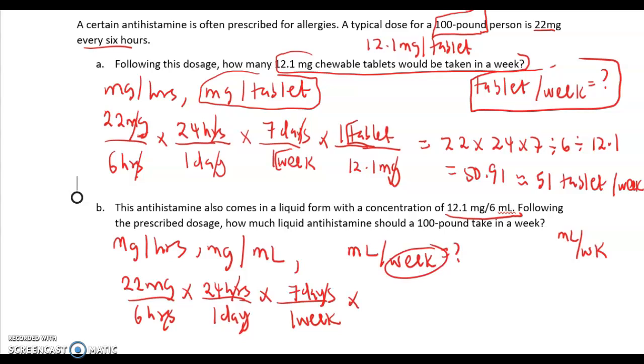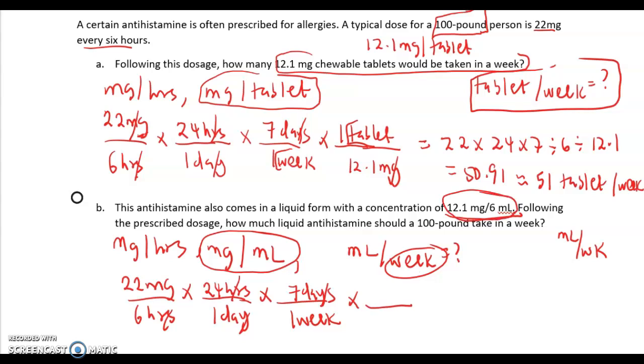We need to have some milliliters at the top. And we also have to get rid of what? We need to find a way and get rid of the milligram we have in this equation. And the only place we see milliliters at the same time as milligram is in the milligram per ml we have. The 12.1 milligram per 6 ml we have in this rate.